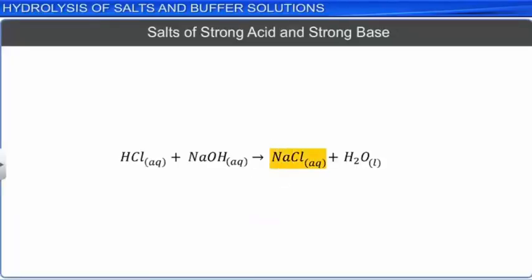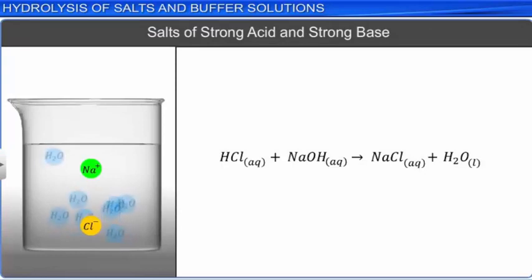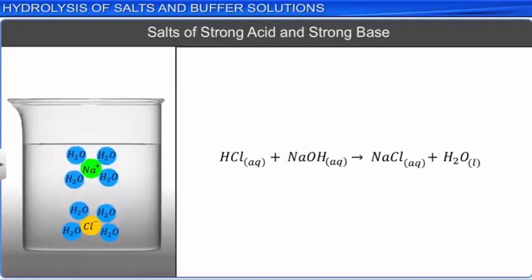Sodium chloride is a salt of a strong acid, HCl, and a strong base, sodium hydroxide. As both the acid and the base are strong, their conjugates Cl- and Na+ ions are weak.